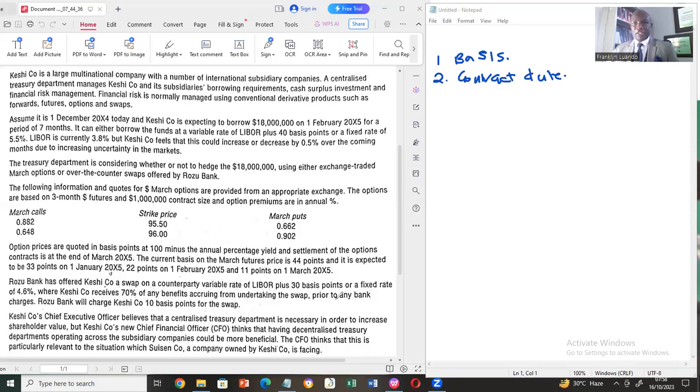Last time I did explain that the first contract is 31st March. The second contract ends on 30th June. The third contract ends on 30th September. The fourth and final contract ends on 31st December. So there are 4 contract dates.